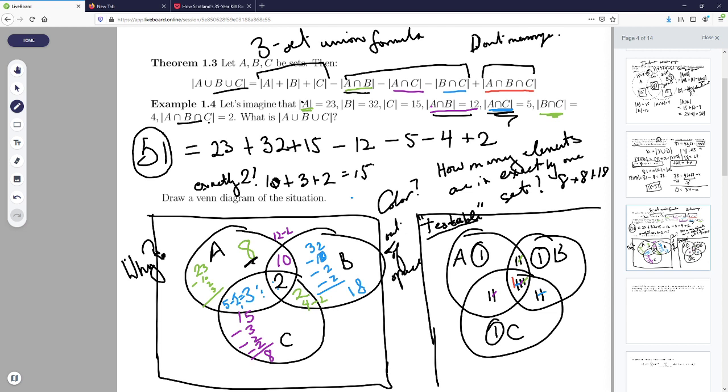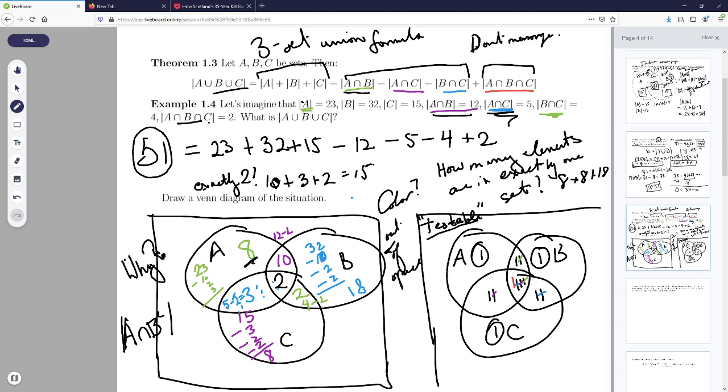If I wanted to ask you questions like, how many elements are in A but not in B, right? You can answer that question pretty easily. And remember that but is the same thing as intersection is the same thing as and.